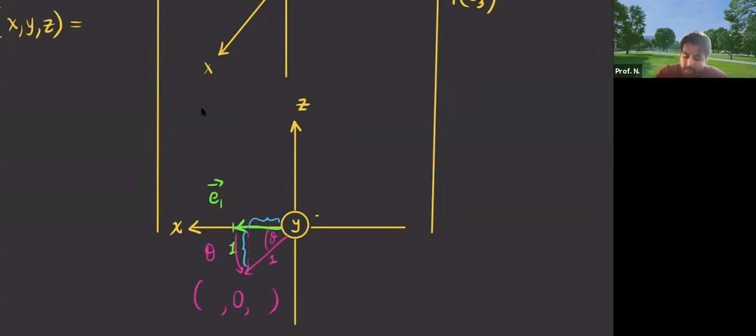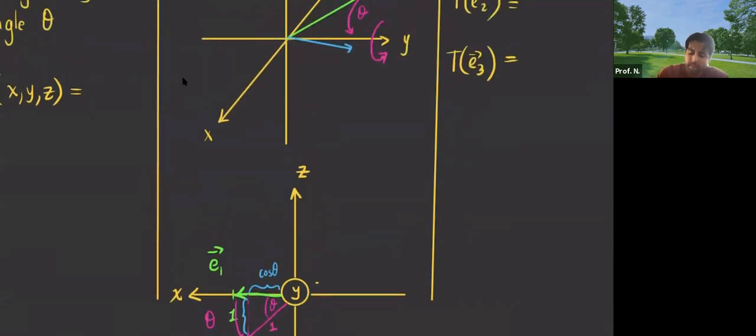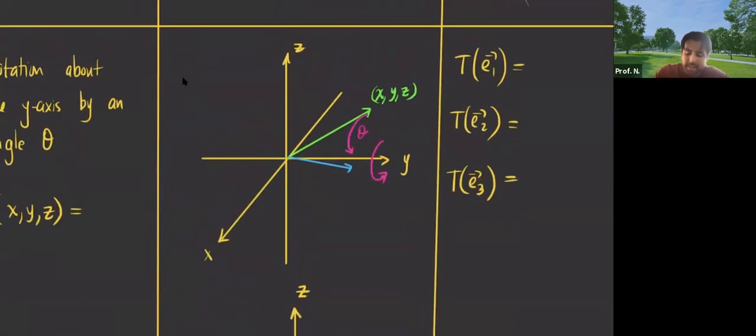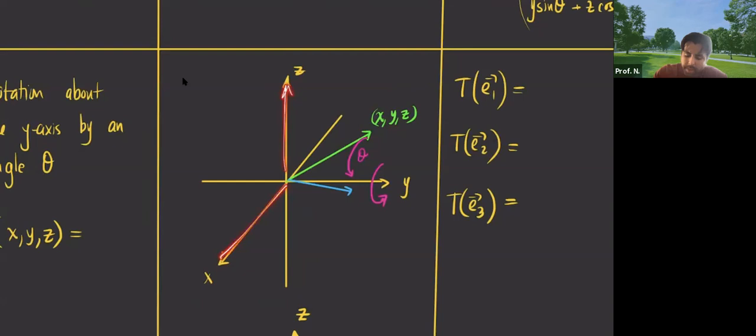So what would be this horizontal component of this vector with respect to theta? It would be cosine theta? Which sign is negative, which sign is positive? Well, that's exactly what I'm saying. The way we draw the XYZ space, this is positive, positive, positive.